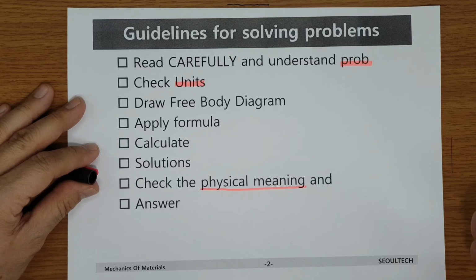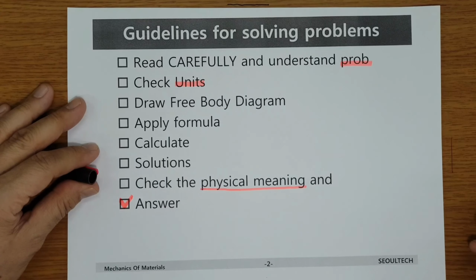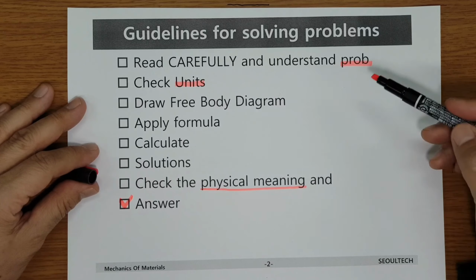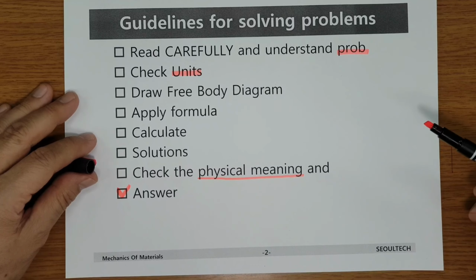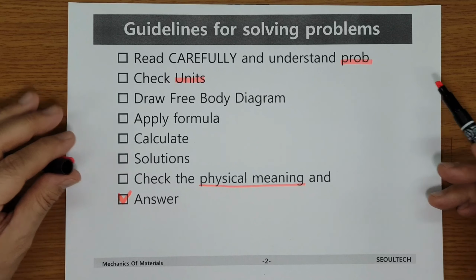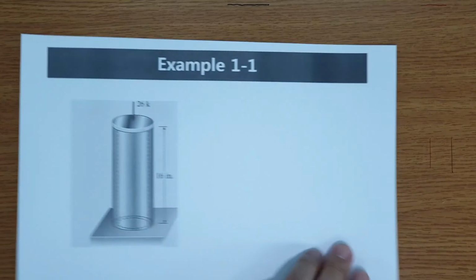Physically, is the solution acceptable or not? When you consider that, finally you can show the answer. When you follow this process, it's not so difficult. You can solve problems step by step, and finally you can have some intuition. Okay, let's move to the first problem.